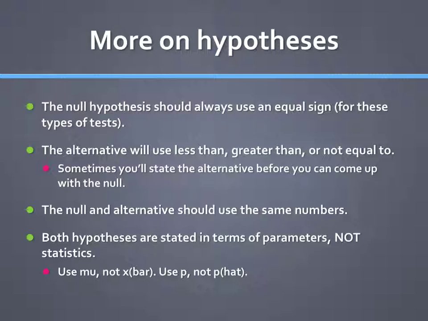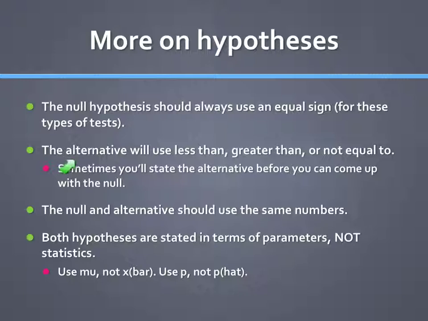It can be difficult to start to come up with hypotheses when you first start looking at significance tests. I tend to create my alternative before anything else because usually we'll be posed a question, is there evidence that the company is underfilling the cans, or is there evidence that the mean is not as has historically been true?